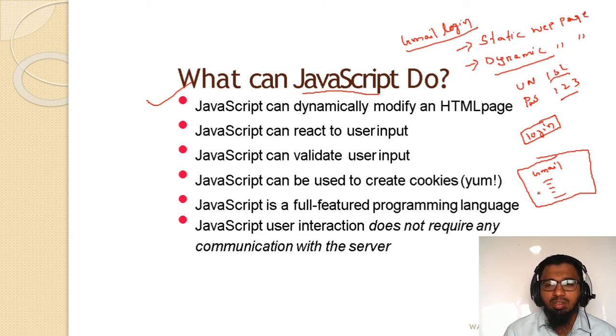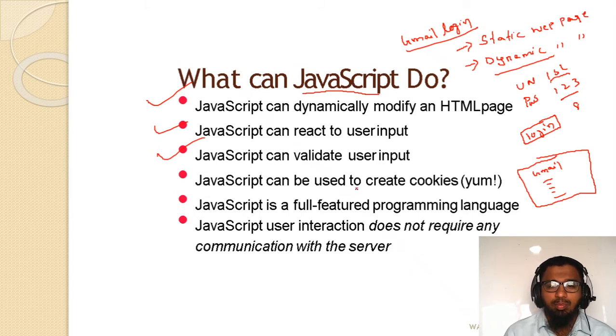JavaScript is performing the operation. Next, JavaScript can validate user input. For example, username and password, where the password should be 8 characters and should contain a capital letter, small letter, alphabet. Like this we can add validation.